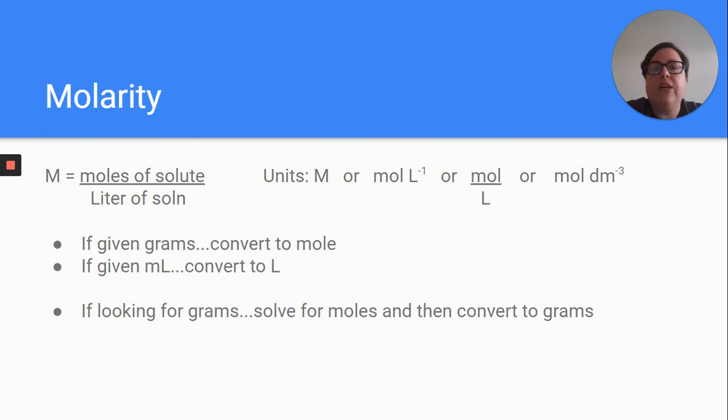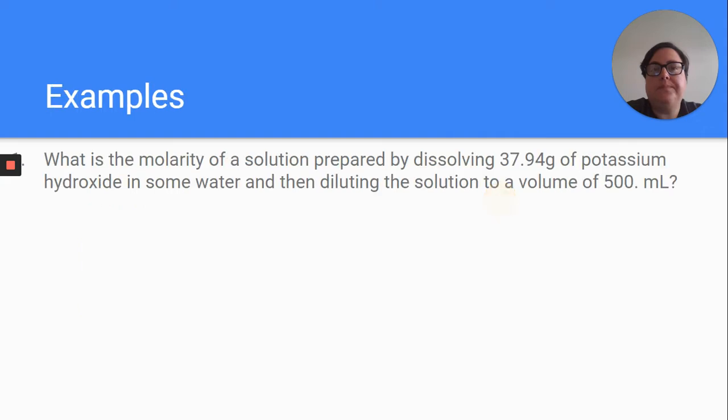In that case, you would solve for moles and then convert to grams. So just like the ideal gas law problems, molarity problems tend to have you do two things, either converting items at the beginning and then using the formula, or using the formula and then converting at the end.